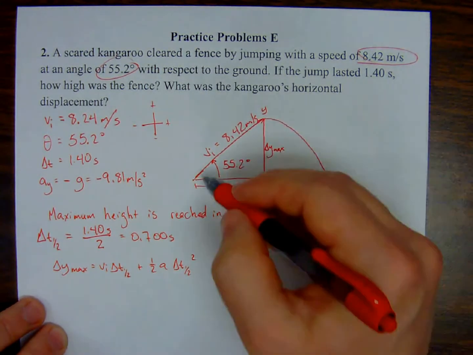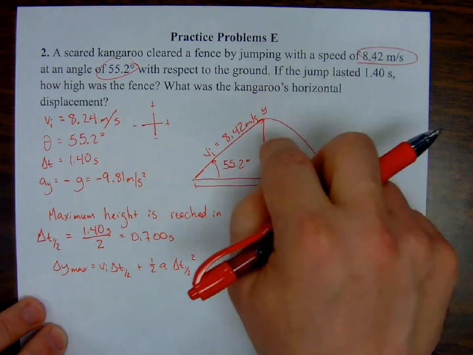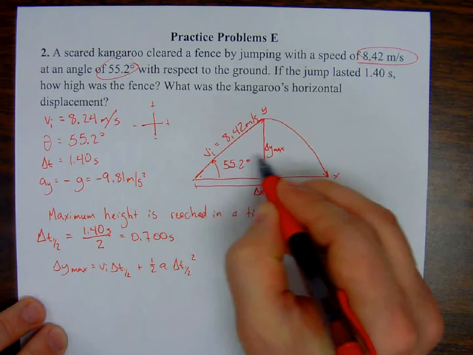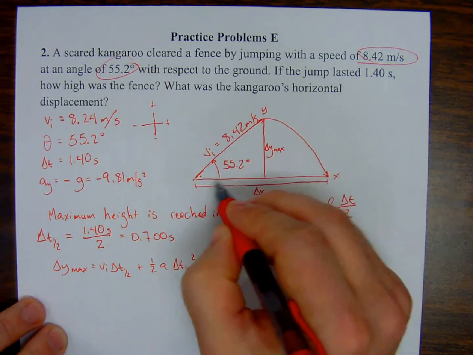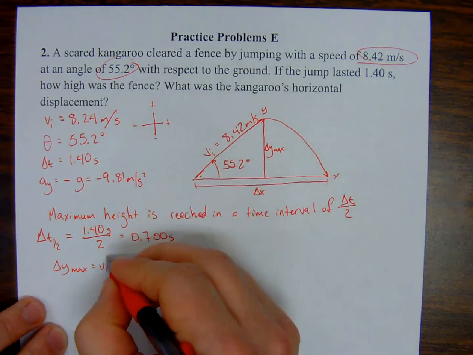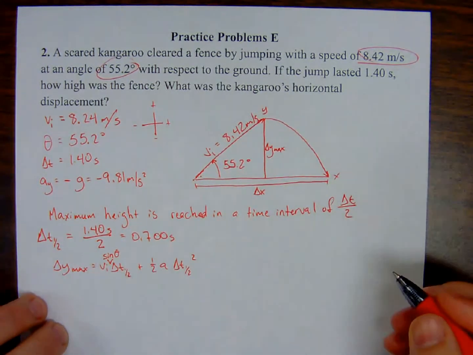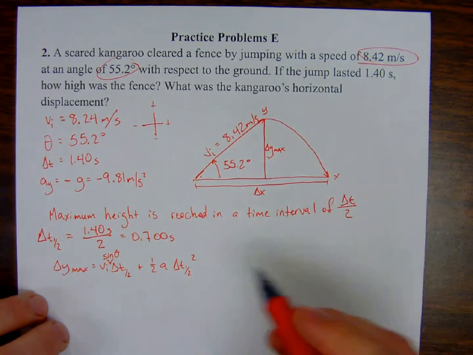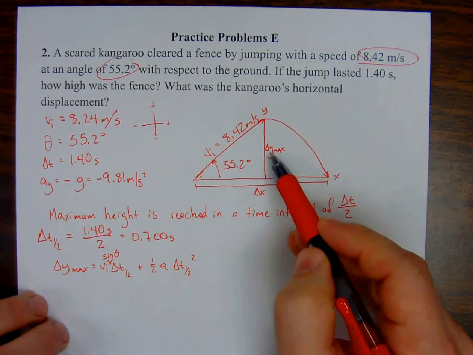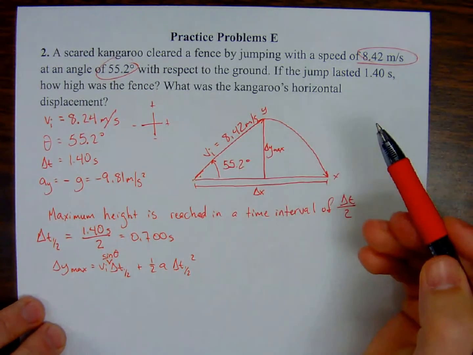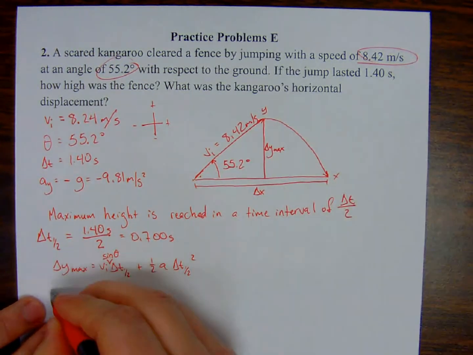That allows me to use just the y component of this velocity. So I'll write it: y max is equal to that initial velocity, the resultant, multiplied by the sine of the given angle, multiplied by the half time.